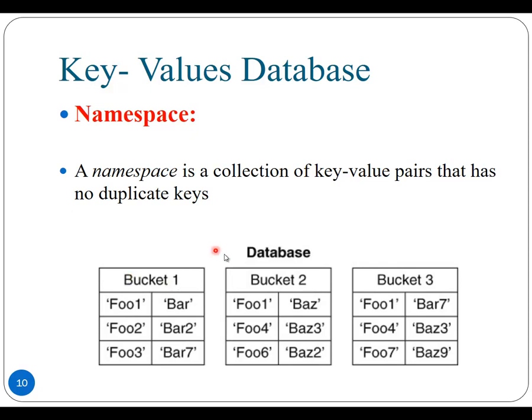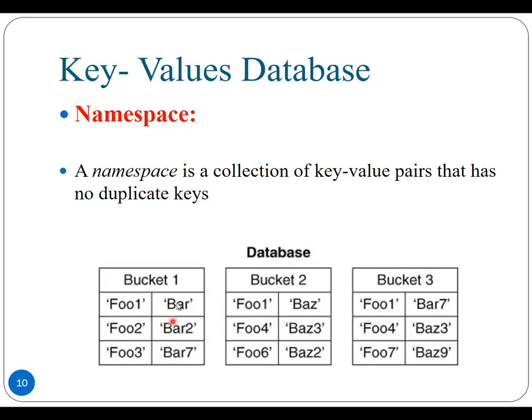Okay, for example, in this database we have three namespaces, bucket 1, bucket 2, and bucket 3. These are three different namespaces we have here. For each of these namespaces, you see the data that we have.